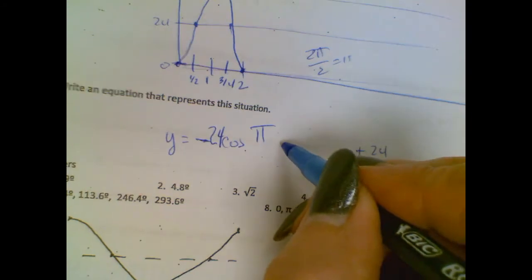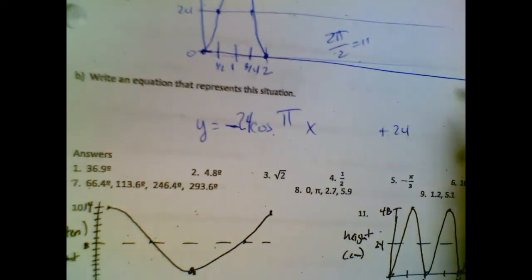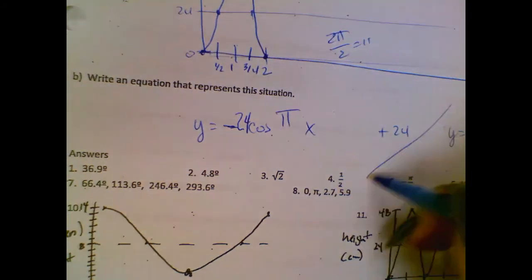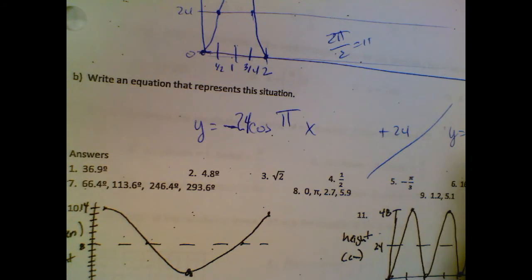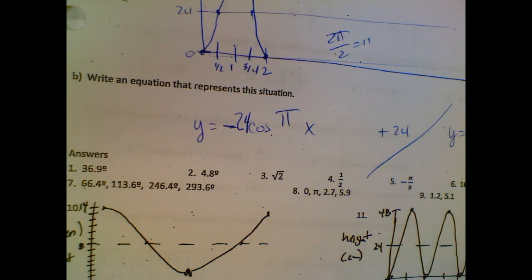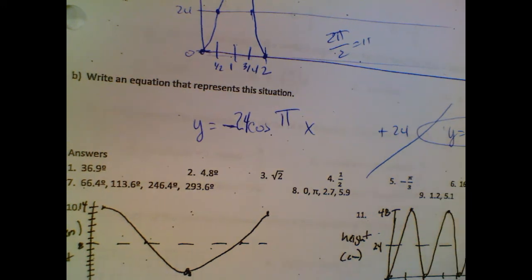There's no phase shift, so I'm going to rewrite that a little easier: y equals negative 24 cosine of pi x plus 24. That's what I would have. Done.